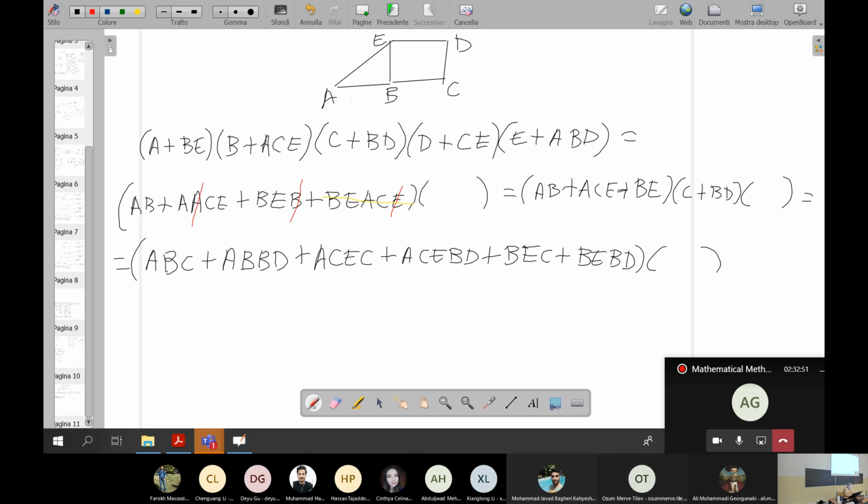So inside the monomials, no repetition inside the monomials. Now let's see, a monomial inside another: ABC is contained in ACEBD. We have the commutative property, okay? So ACEBD is the same as ABDEC and so on. So ACE is contained in it, and also ABC in ACEBD. So I get rid of this.